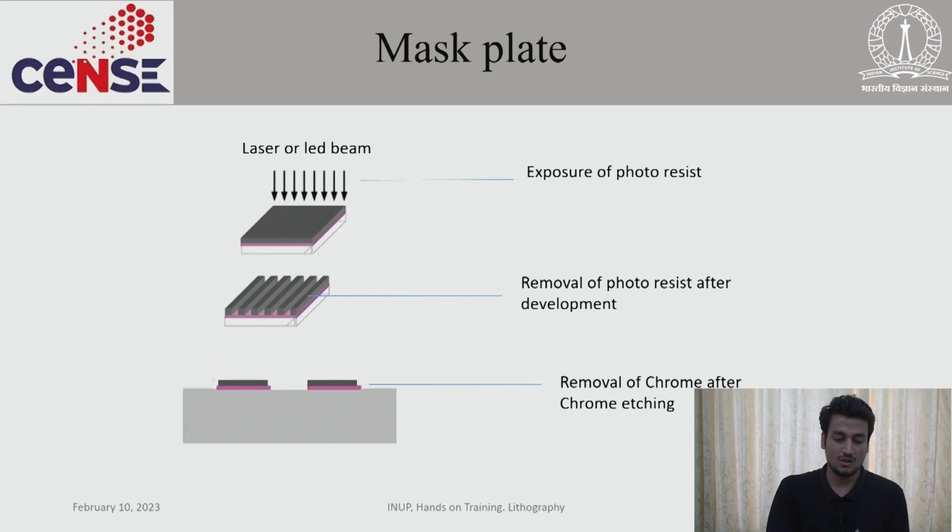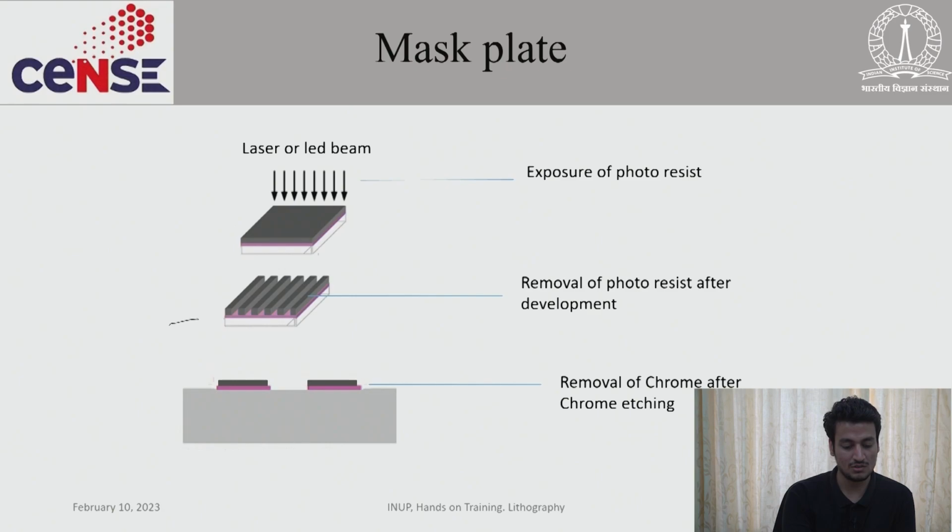So how can we fabricate a photo mask? First we have to decide the design, then we have to decide the layout. At a specific area we have to expose our designs according to the requirement. After exposing the design, it will look something like this. After removal of the patterns which we have exposed, because AZ1518 is a positive resist, it will look something like this.